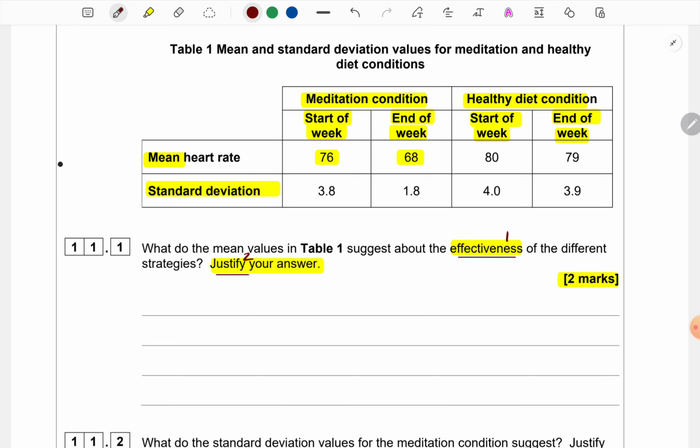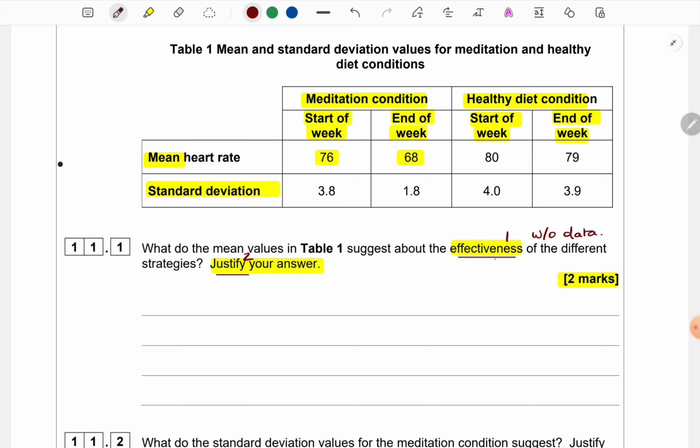Now whenever we have to infer anything from the table, that can be without numbers, without data. It should be an interpretation. We have to think, how would the researcher interpret these findings? How would he explain them in words? From that point of view, we will talk about the effectiveness.